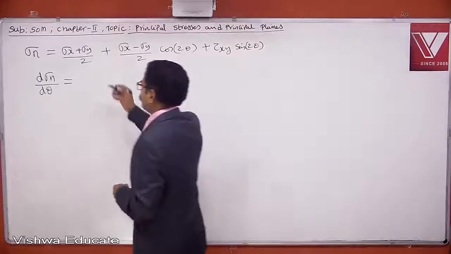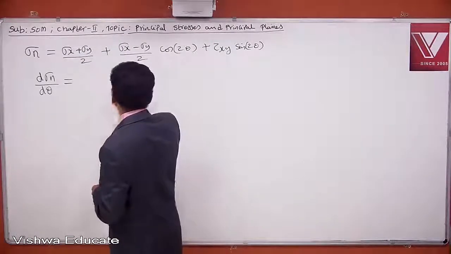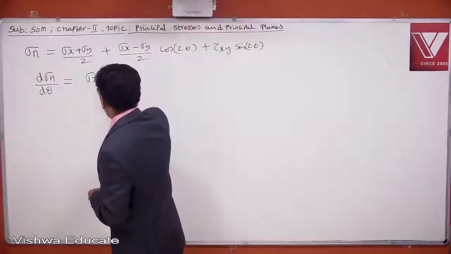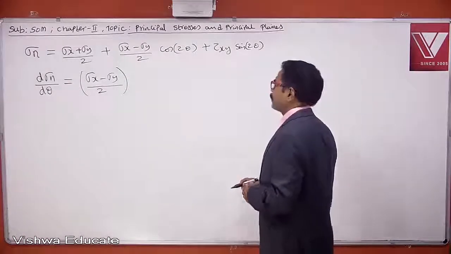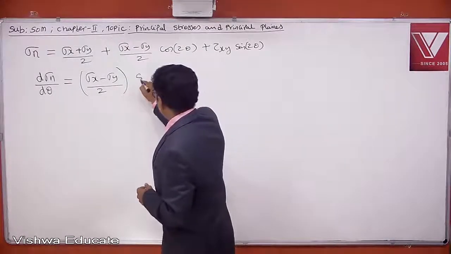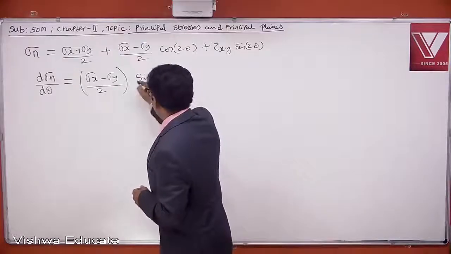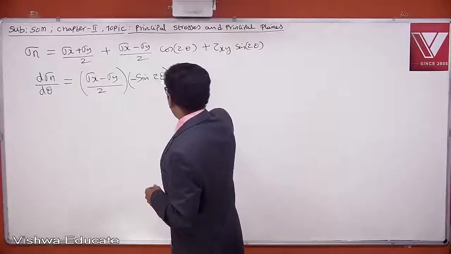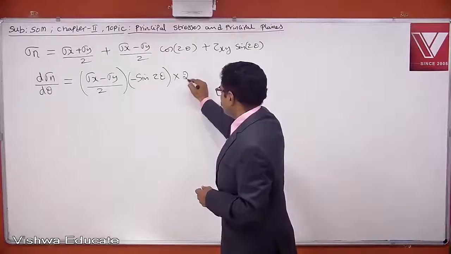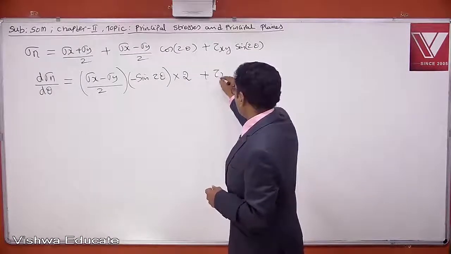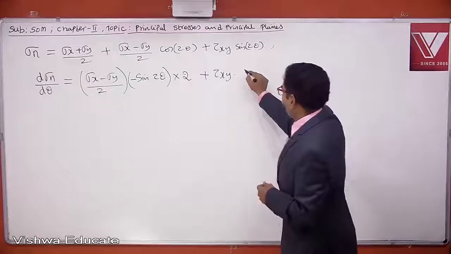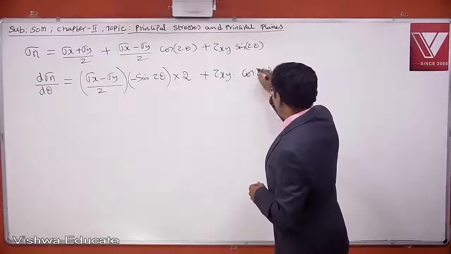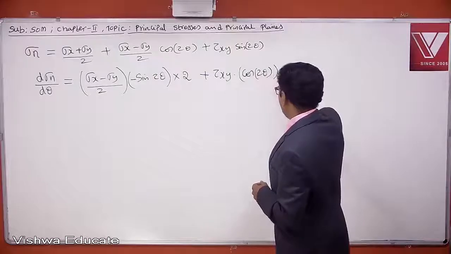So the differential of sigma x plus sigma y by 2 is 0, and the differential of sigma x minus sigma y by 2 into the differential of cos 2 theta, which is minus sin 2 theta, and the differential of 2 theta is 2, plus tau xy into the differential of sin 2 theta, which is cos 2 theta, and the differential of 2 theta is 2.